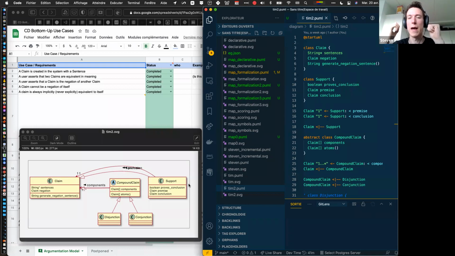Whereas if you add a compound claim, all of a sudden, how do you agree with the logic of a compound claim? But what I'm saying is there are cases where you need to go at the compound claim level, and there are a majority of cases where you don't.